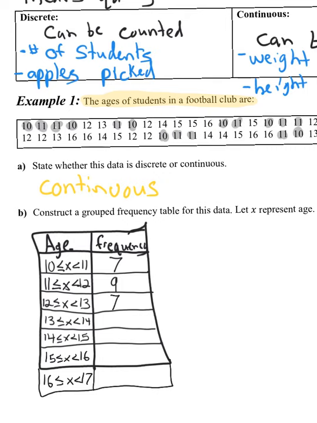Perfect, thank you. And Chloe, what did you have for 13 to 14-year-olds? I got 3. 3, okay, thank you. And then Mason, what did you get for 14 to 15-year-olds in this one? I got 4. 4, perfect.